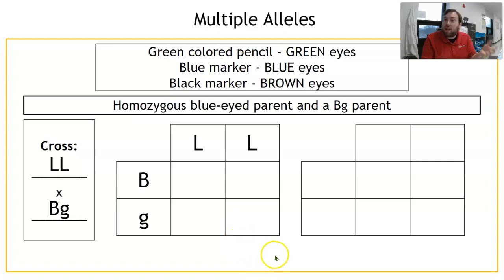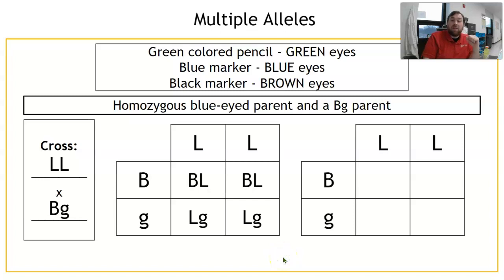Then I'll go to the next dominant allele with the L's, so that would be an L next to the capital B there, an L next to the capital B there. Looks like there'd be an L in the front here and an L in the front there. And the lowercase g's would just fill in the rest of the boxes there, leaving us with 2 BLs and 2 Lgs. The color coding of this is going to be a little bit interesting here.